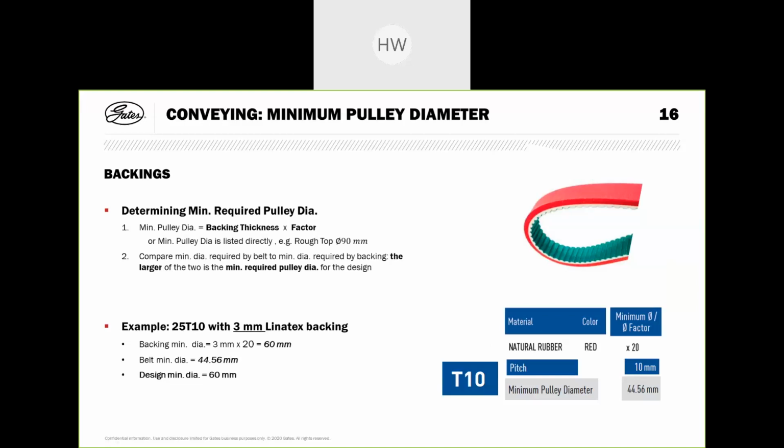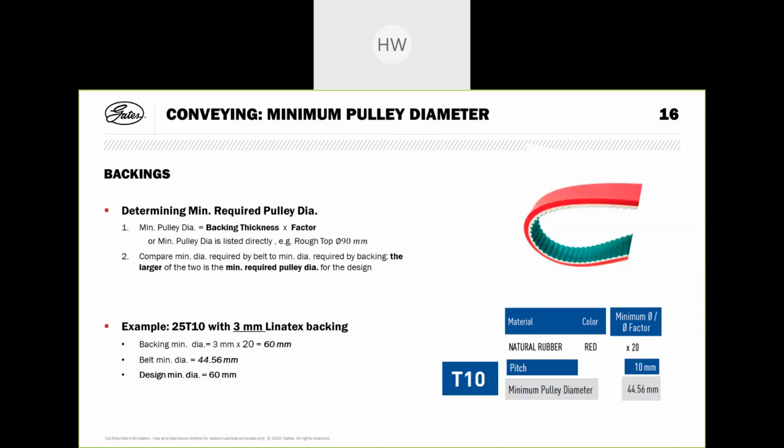That means the minimum diameter factor of 20 has to be multiplied by the thickness of the backing. So for example, a 3 millimeter Linatex backing times 20 as the minimum diameter factor results in a minimum pulley diameter of 60 millimeters.